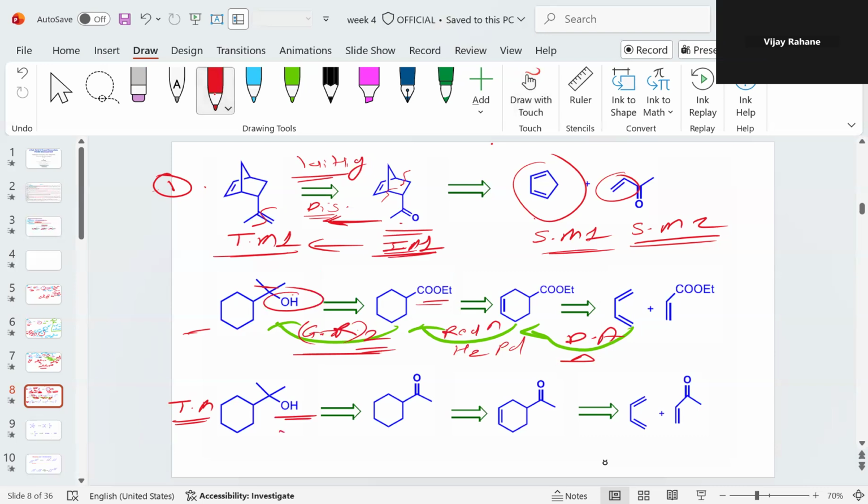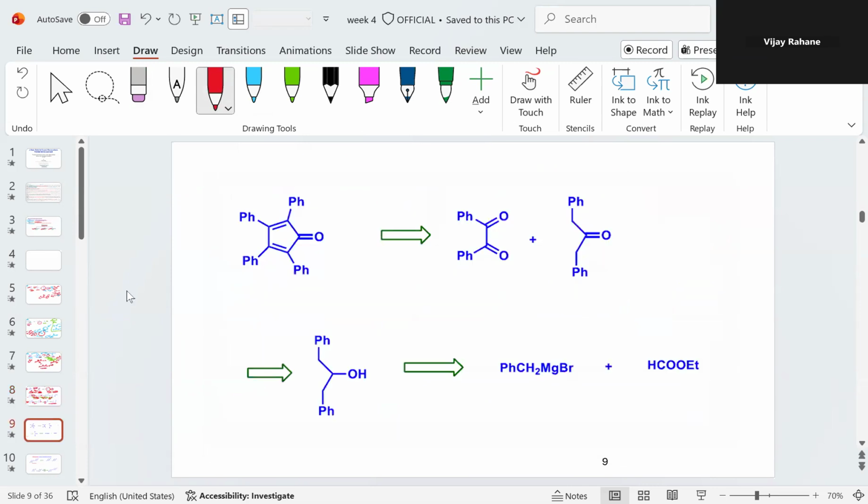Here the starting material is the ketone, and this ketone can be achieved from a ketone containing a double bond, and this can further break down to the similar Diels-Alder starting materials. So I don't think you really need to discuss this question. Just refer to the earlier one. So we'll move to the next question.